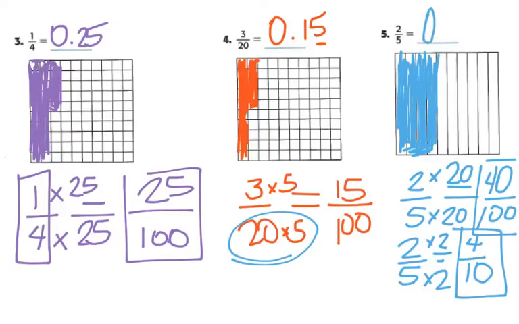And I can write that as 0.4, and that would be 4/10, or I could add another 0 to make that 40 hundredths. Those represent the same part of the whole.